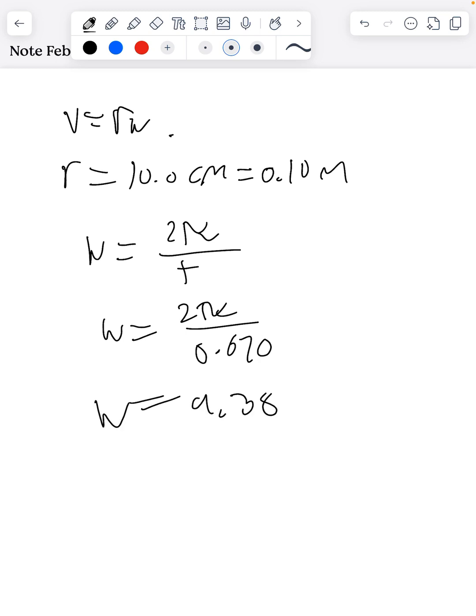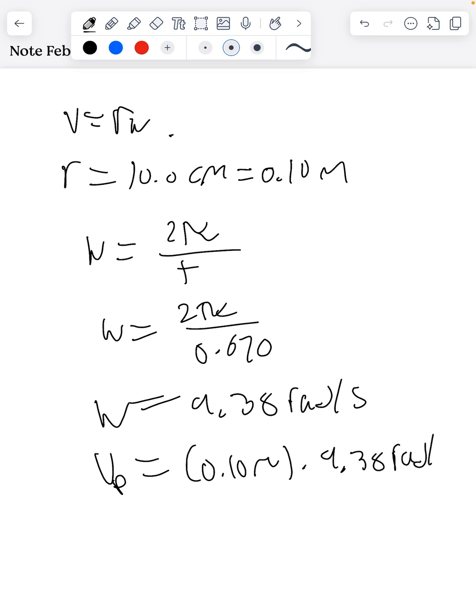This equals 9.38 rad per second. Then to calculate everything, you do 0.10 meters times 9.38 rad per second, which equals 0.938 meters per second.